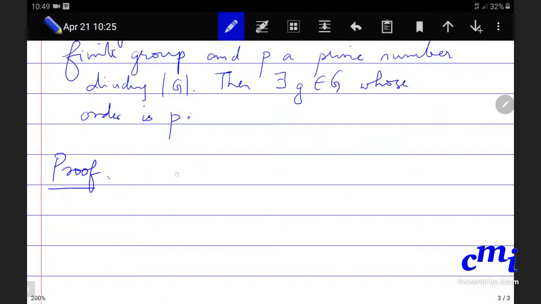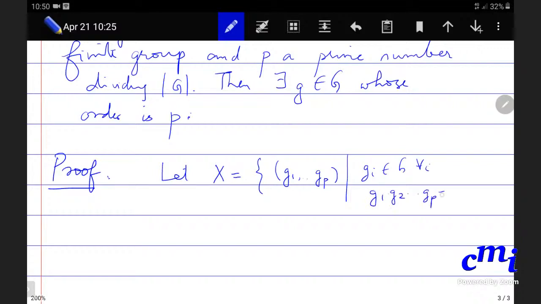Let X be the set of all p-tuples from this group, G_i inside G for all i, and not just any p-tuple, only those whose product, in that order, is the identity. So this is the set of all such tuples.